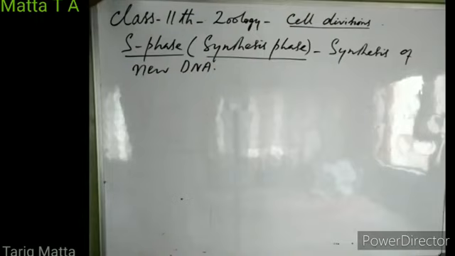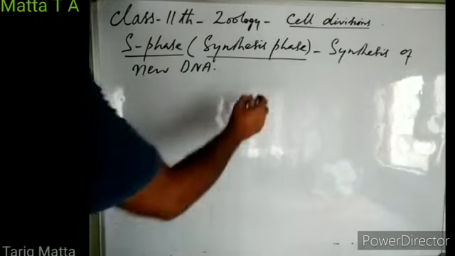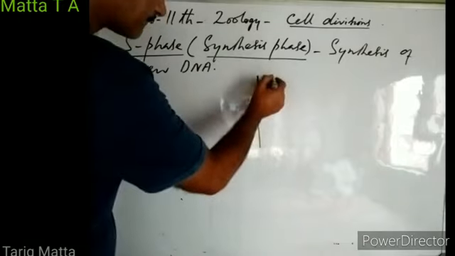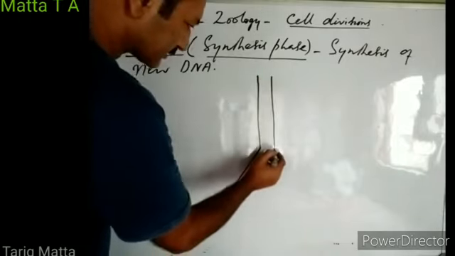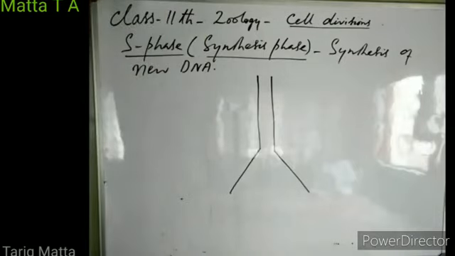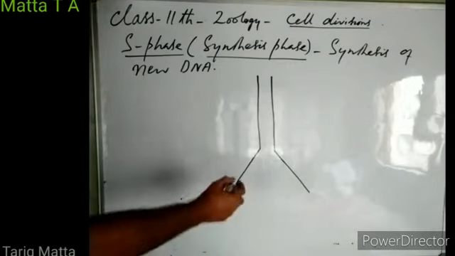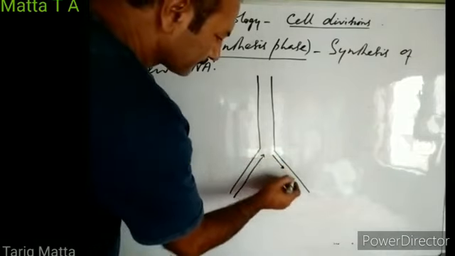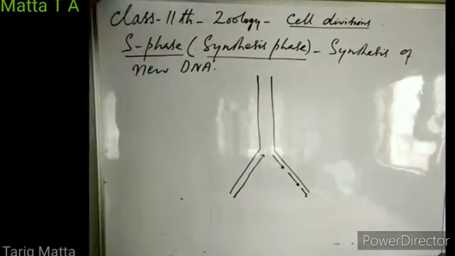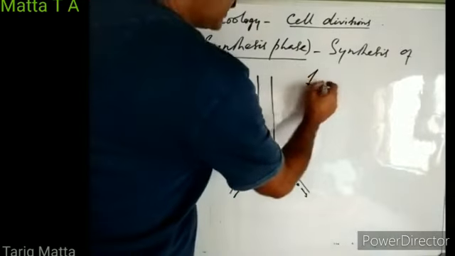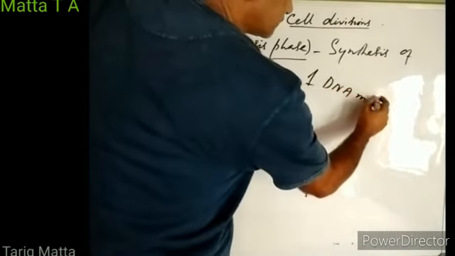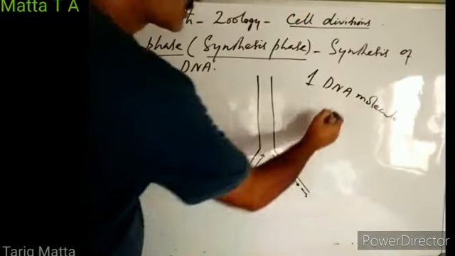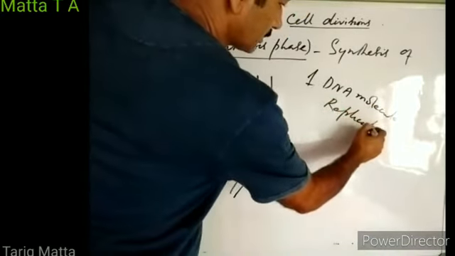So how is new DNA synthesized in this phase? We all know that DNA replication is a semi-conservative process. So a parent DNA molecule starts unwinding, and on the two strands of the parent DNA molecule, new DNA starts being formed, right? So a single DNA molecule replicates.